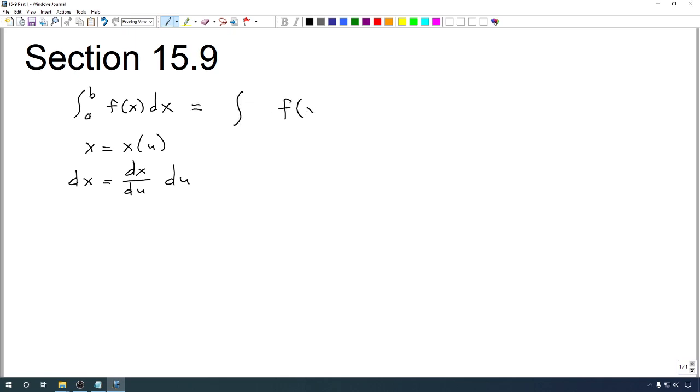So we have f of x of u, which is now a composition that is a function of u overall, times the derivative, du, and then we'd have some limits, c and d, where we find those limits by saying that a equals x of c and b equals x of d, and we solve for c and d.